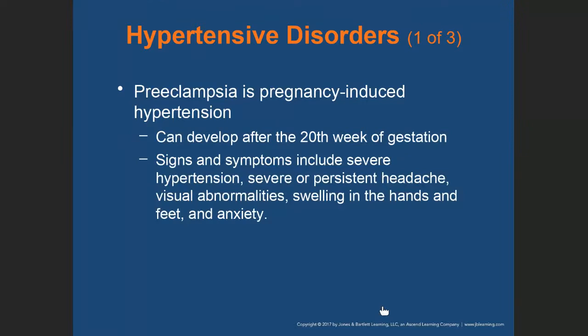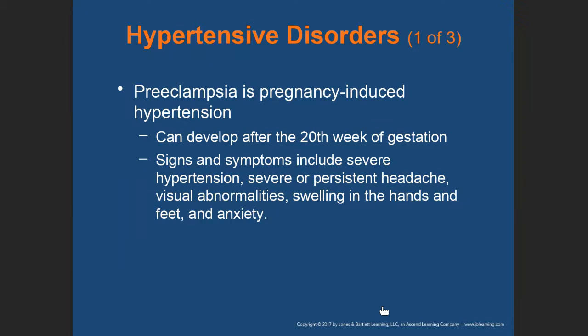The mother can develop chronic hypertension or develop hypertension after the 20th week of gestation. This is pregnancy-induced hypertension or preeclampsia. So it's either referred to as preeclampsia or pregnancy-induced hypertension.